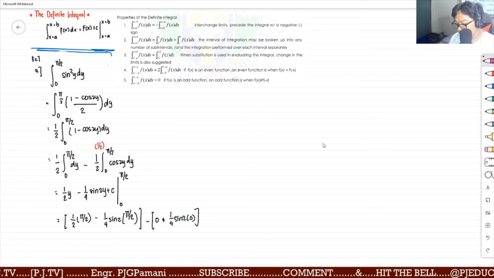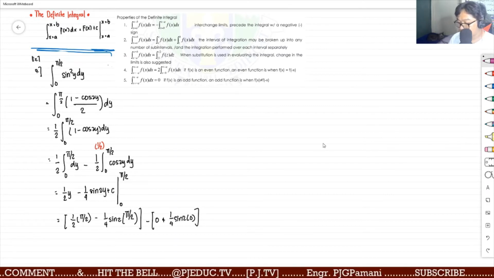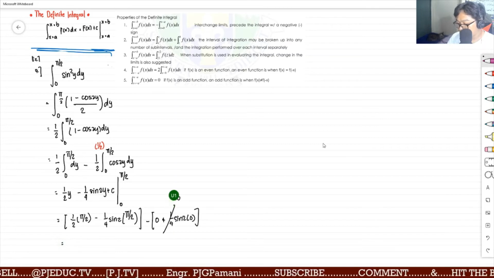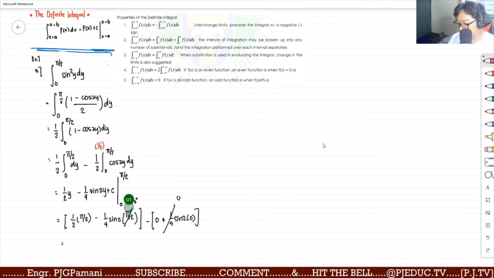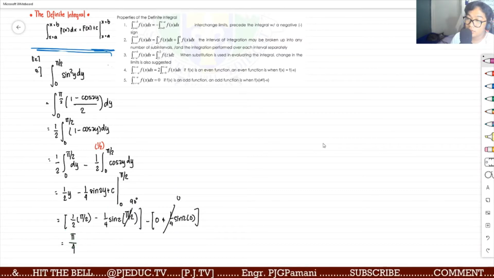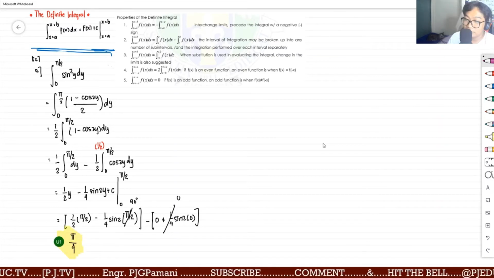Pi over 4, and sine pi, sine of 180, is also 0, times 1/4, that is 0. Sine of 90 times 2, or 180, is 0, times 1/4 is 0, so the answer is pi over 4. That follows. You should memorize that.